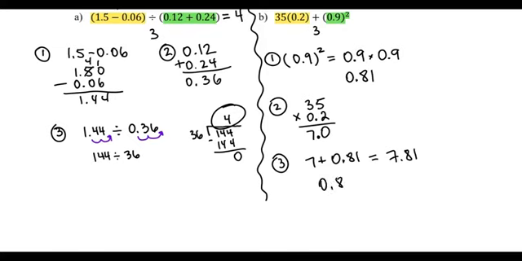So you have 0.81 plus 7, 8, getting tired now, 7.81. And that is your official answer to this problem, equals 7.81. This concludes our 5.2 lecture, part 2.